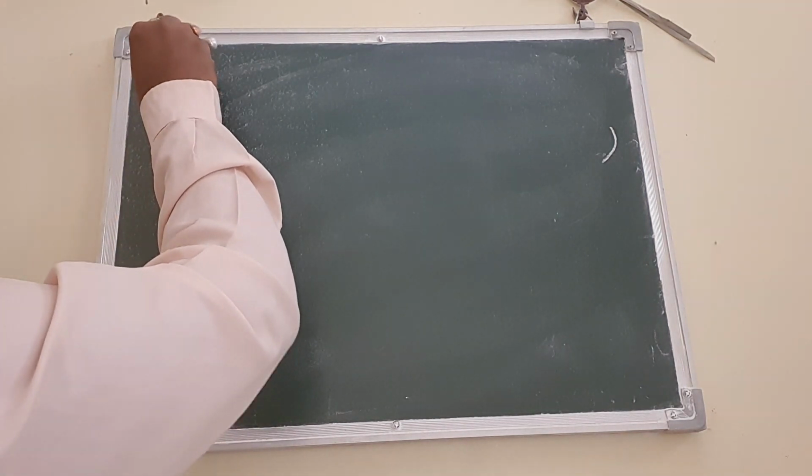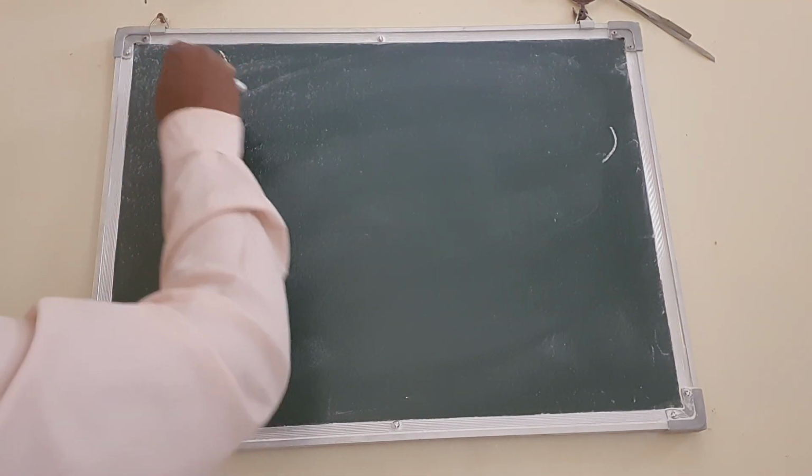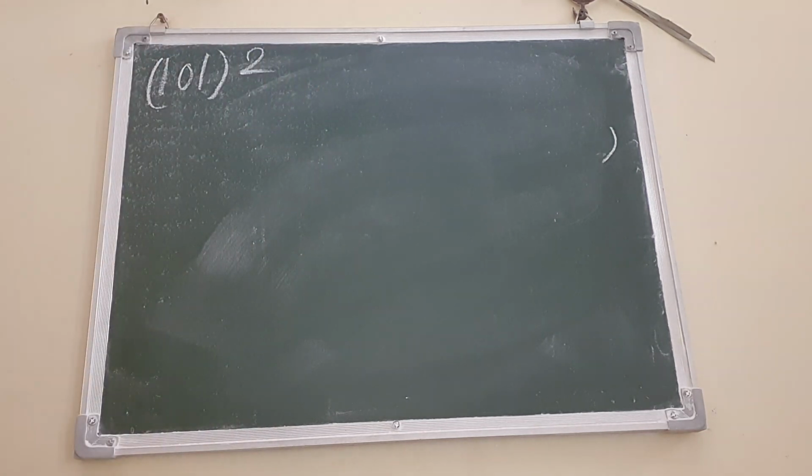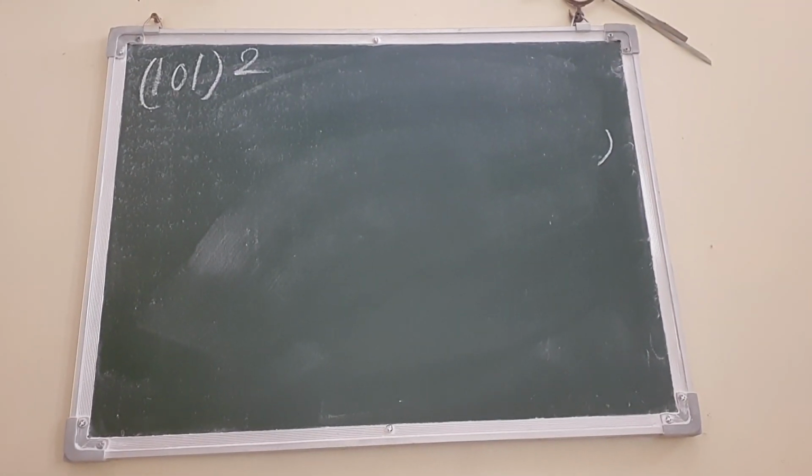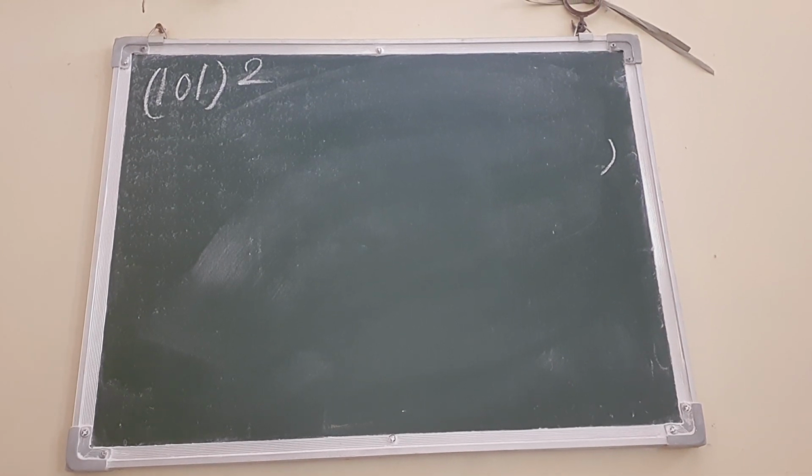So the next question is finding the square of 101. We have to find the value of the square of 101 without actually multiplying it. So now we are proceeding to the question.